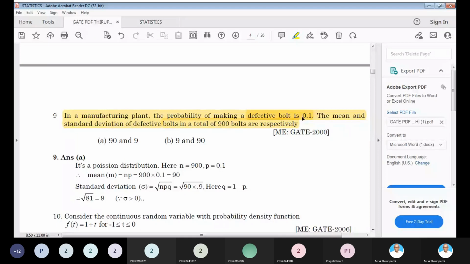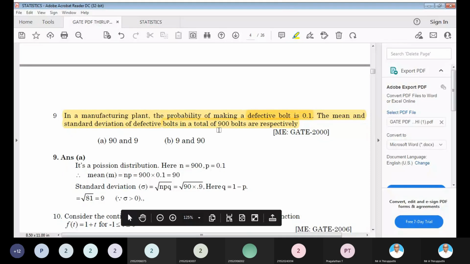So P is equal to 0.1. 0.1 is nothing but 1 by 10. Next, Q is equal to 1 minus P. P is equal to 0.1, Q is equal to 1 minus 0.1, and 1 minus 0.1 is nothing but 0.9.